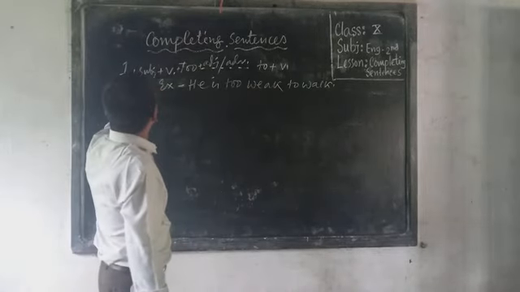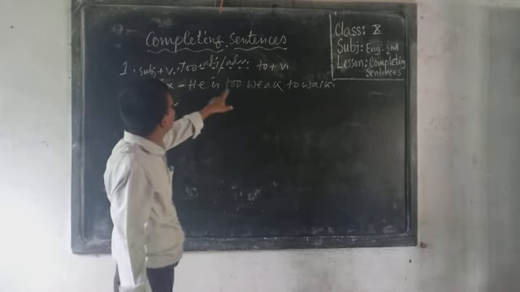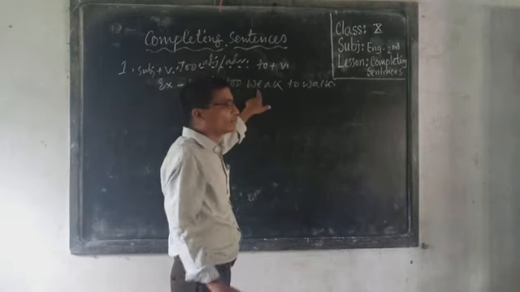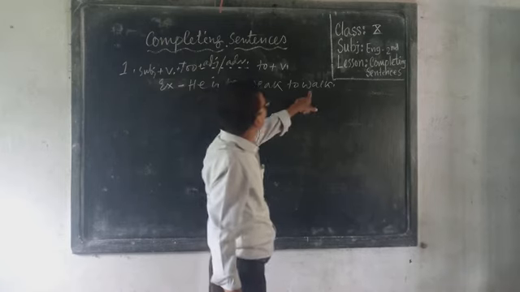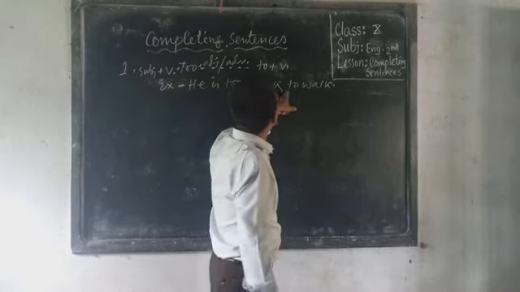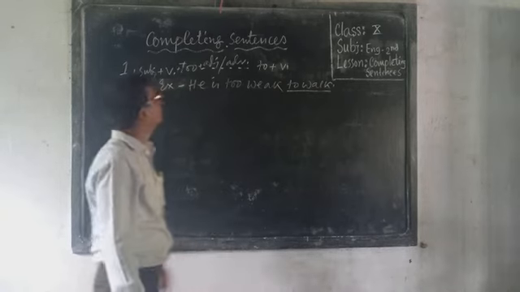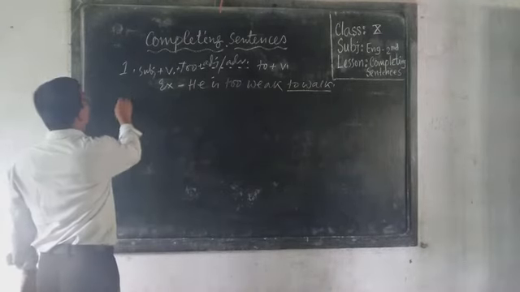According to the structure, we have put here subject plus verb plus "too" plus adjective or adverb. So we have taken here adjective. After that, "to" plus base form of verb, this "to" plus base verb is called infinitive. Let's move on to the second rule.